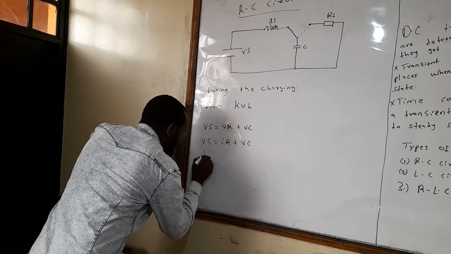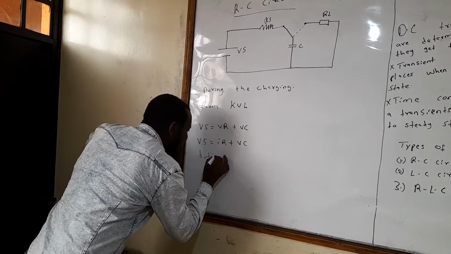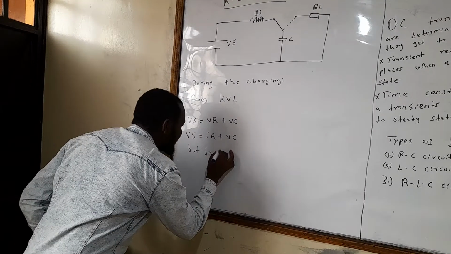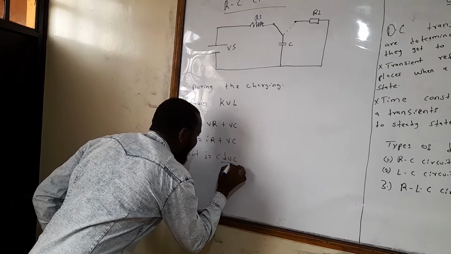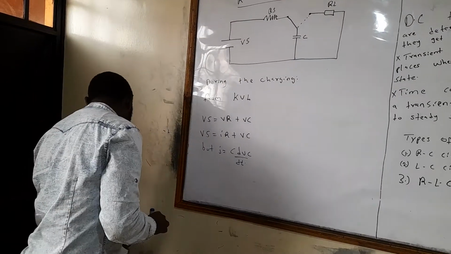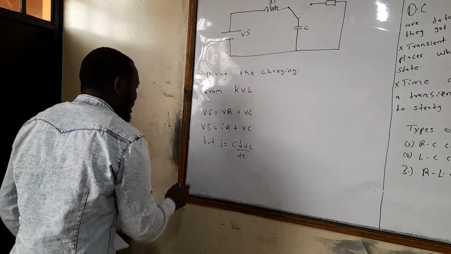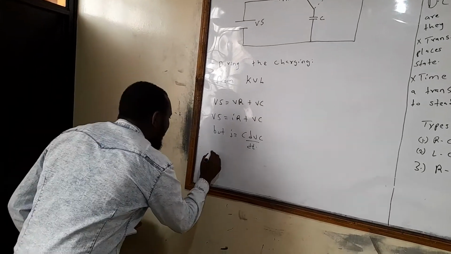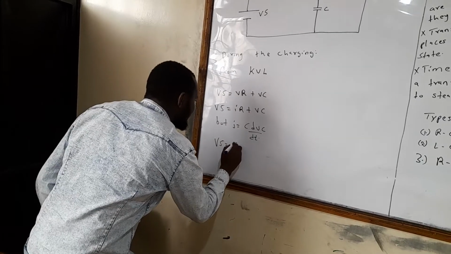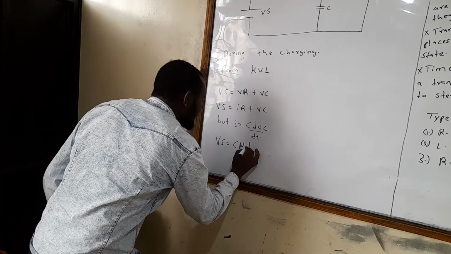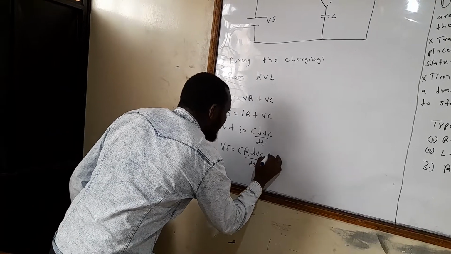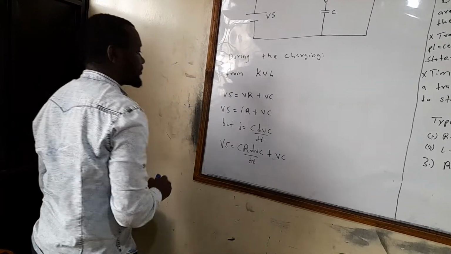But I is equal to C dVc divided by dt. Now, let us replace this in our equation by removing this I. So we are going to say Vs is equal to CR dVc divided by dt plus Vc.